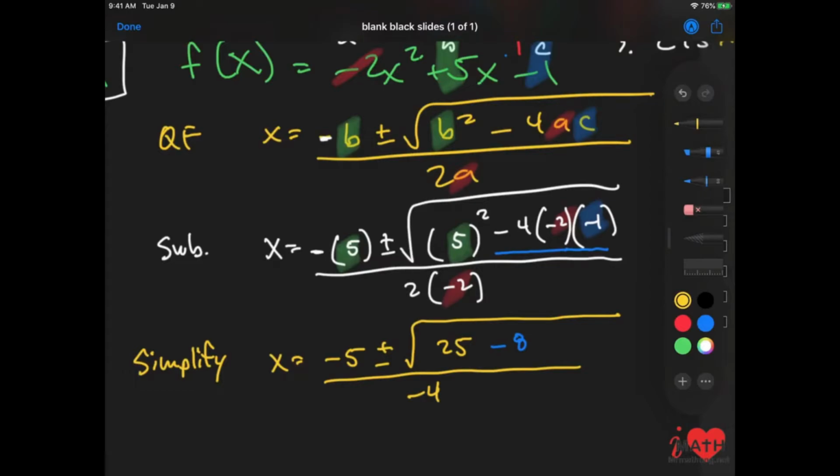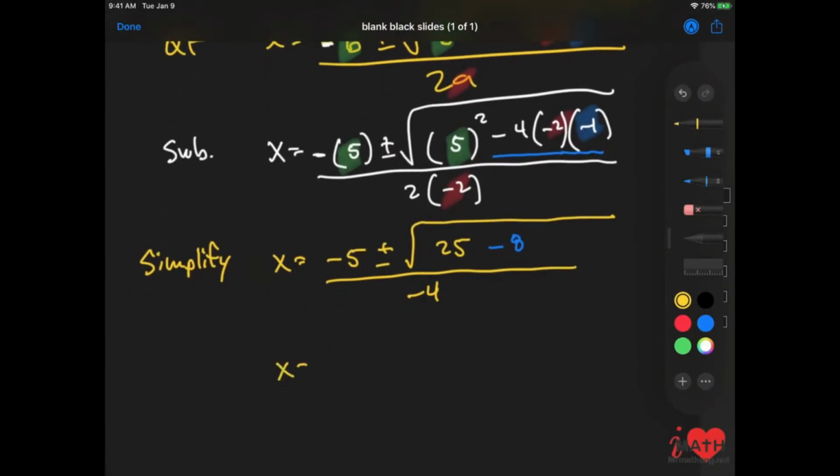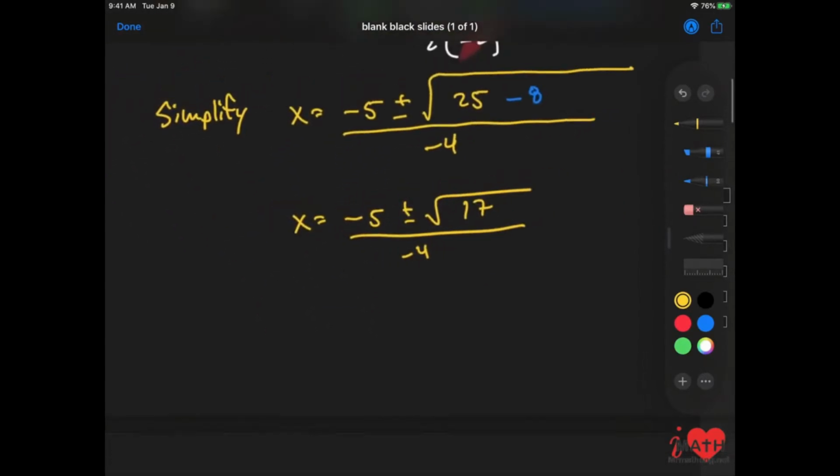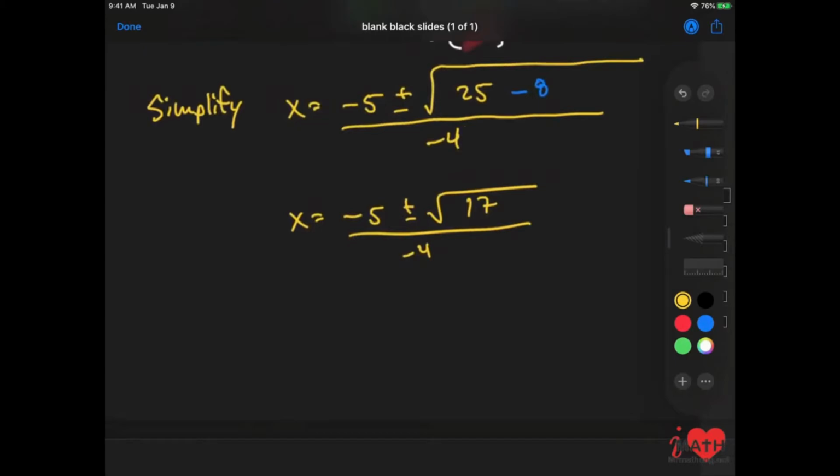All right, let's go ahead and now simplify some more. So x equals -5 plus or minus the square root of 25 minus 8, which is 17, all over -4. All right, so I like this answer. This is an exact answer here, so I'm going to go ahead and highlight this.